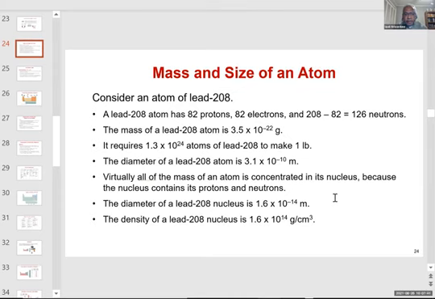The diameter of a lead nucleus is 10 to the negative 14 meters. All nuclei are in that range, only differing by a factor like 1.6 for different elements. The density of the lead nucleus is 10 to the 14 grams per cubic centimeter. This is very highly dense. So the nucleus is the densest place in an atom.